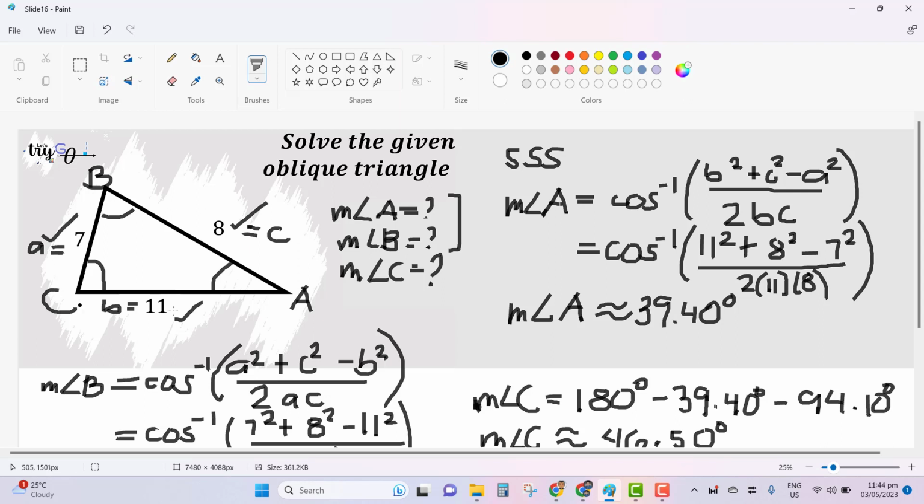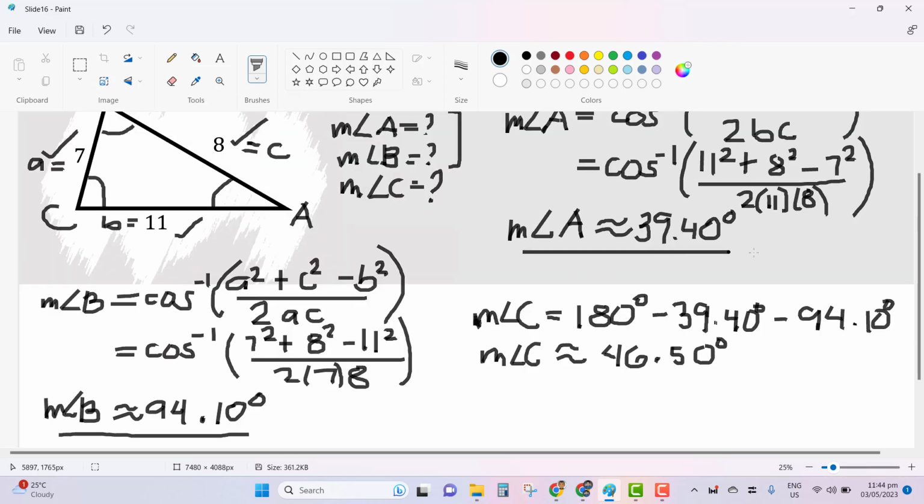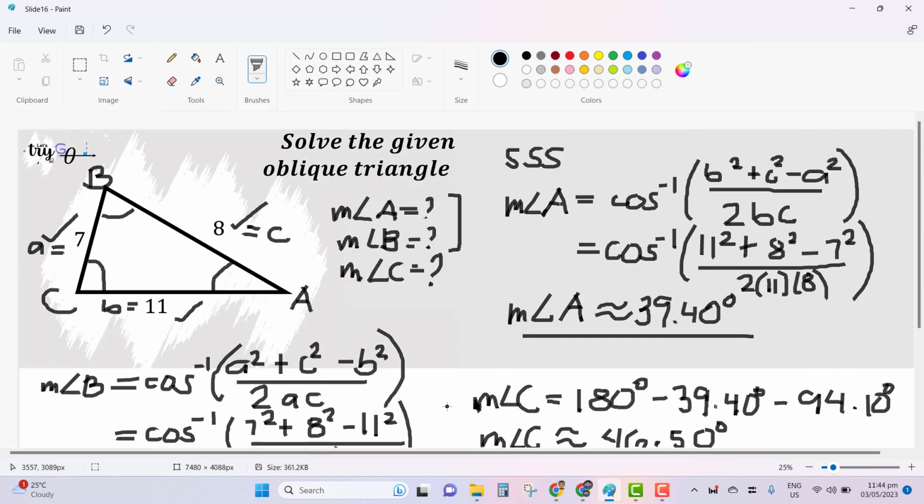And looking at your side measurements, side a with 7 units is your shortest side. It should follow that the measurement of angle A is your smallest angle, 39.4 versus 46.5 versus 94.1 degrees. So that's another hint that you could use in your future computations. So this is how we solve an SSS oblique triangle.